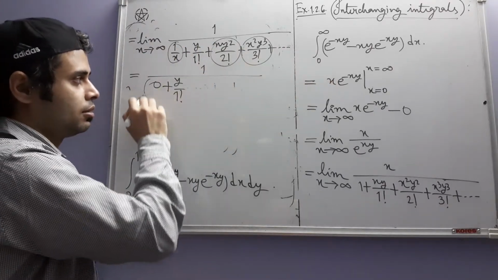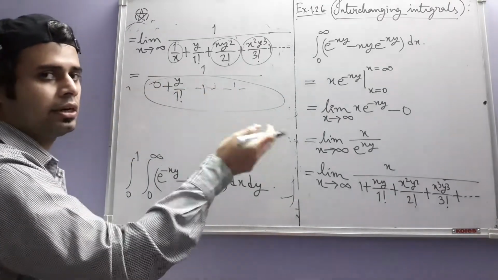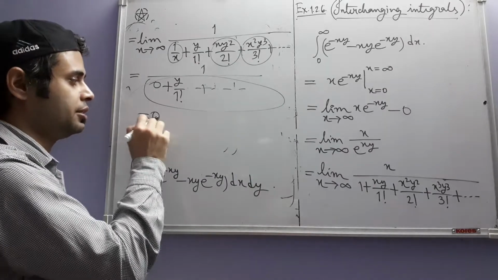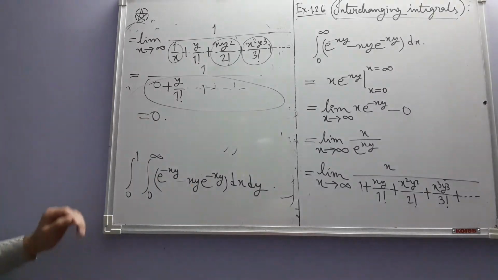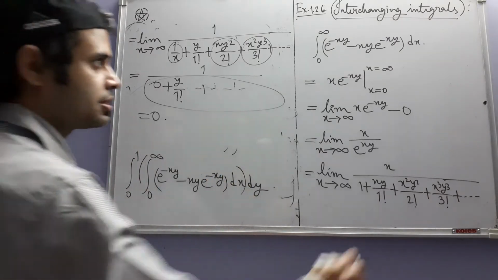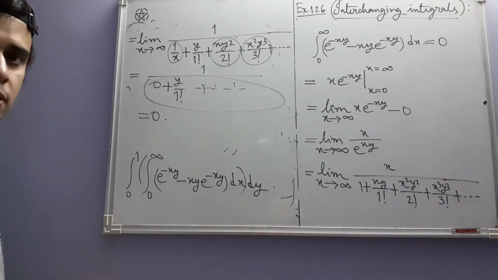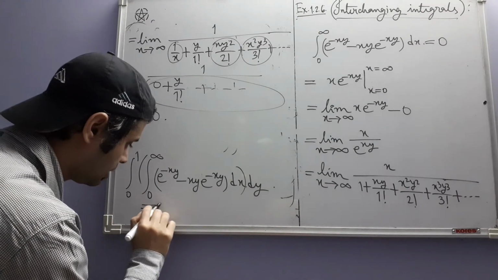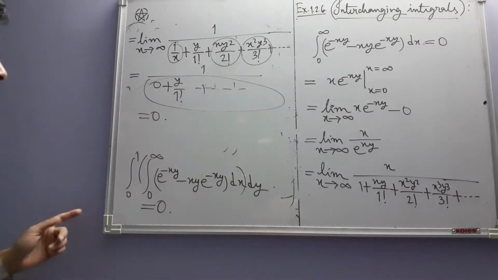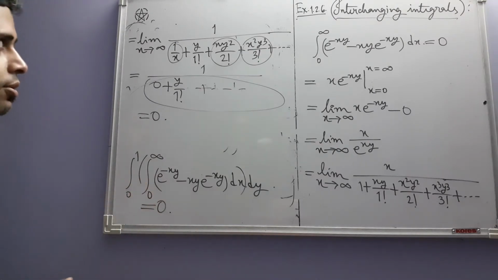So as a whole, the denominator becomes infinitely large, larger and larger, so the limit is 0. Okay, so the inner integral, its value is actually equal to 0. And then the outer integral will also be 0. So this integral is equal to 0. Now we switch the order of integration and then calculate.